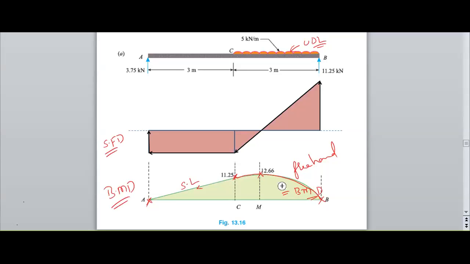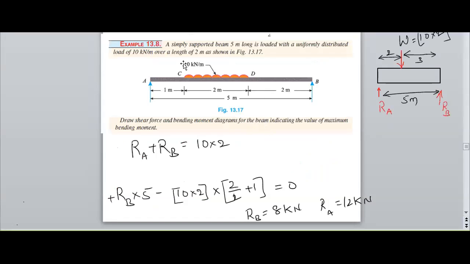A similar problem, please read the problem once. A simply supported beam 5 meters long is loaded with a uniformly distributed load of 10 kilonewton per meter over a length of 2 meters.